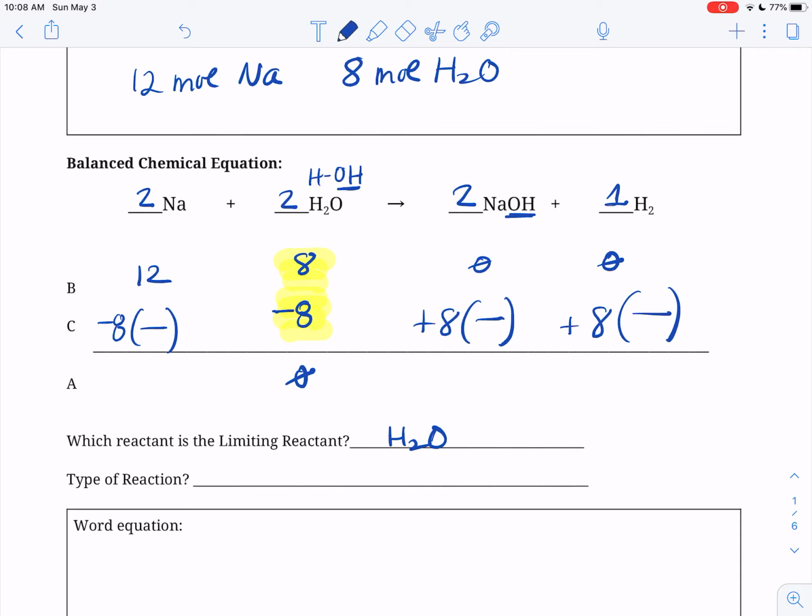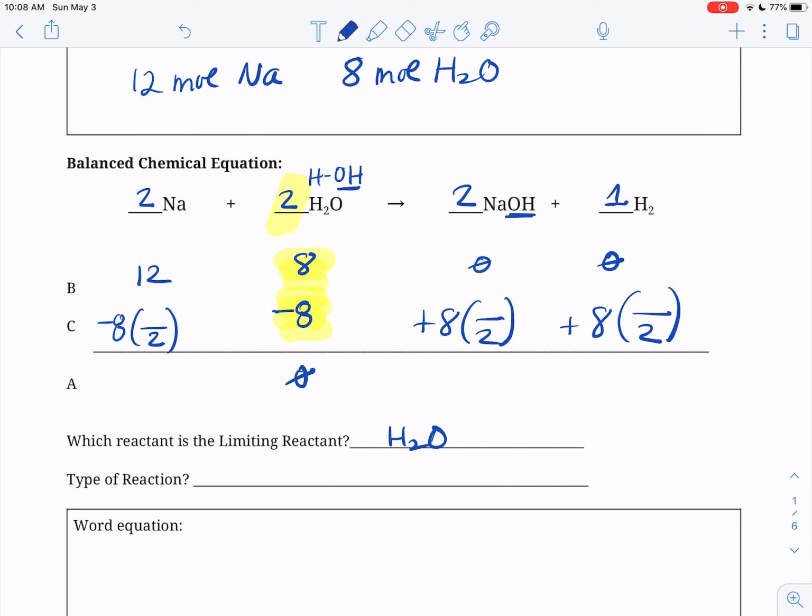All right, and then I'm going to look at the ratios. So every 2 moles of sodium requires 2 moles of water. Every 2 moles of water is going to make 2 moles of this and 1 mole of hydrogen. So remember the given is what goes on the bottom. That's my given.